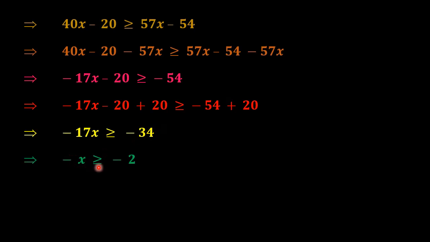So it will be minus x greater or equals to minus 2. Now as there is a minus sign in front of x, we need to multiply both sides by minus 1 in order to cancel this minus sign. As soon as we multiply with a negative number on both the sides, this inequality sign will get reversed. So this is according to rule number 2. So x less than or equals to 2.